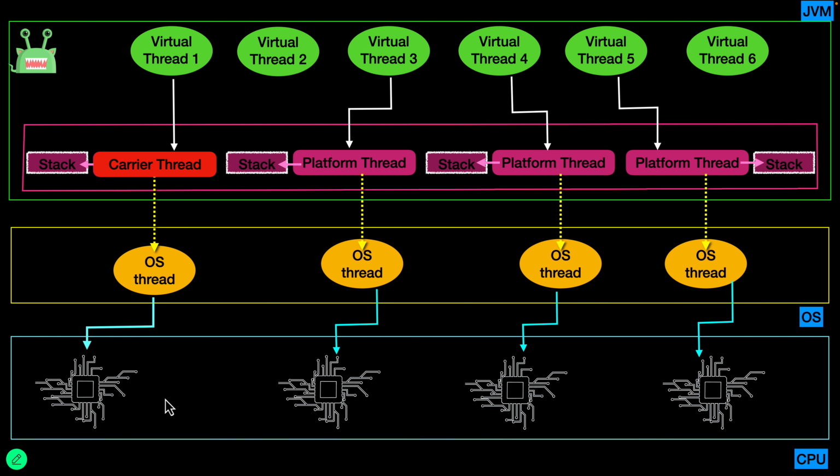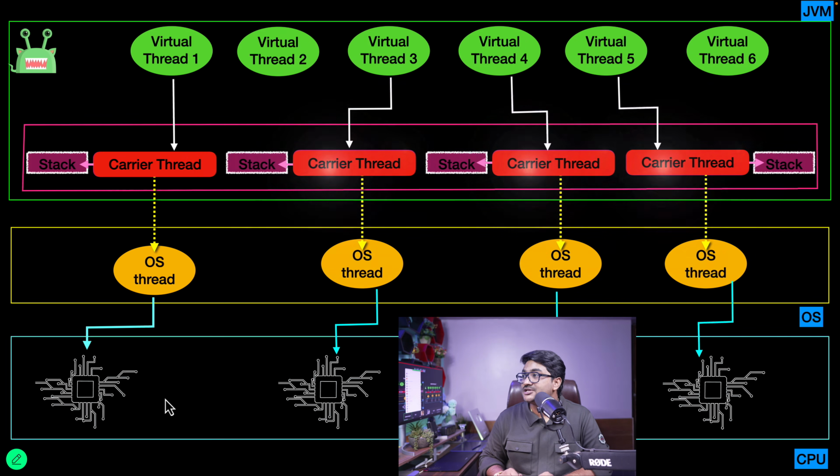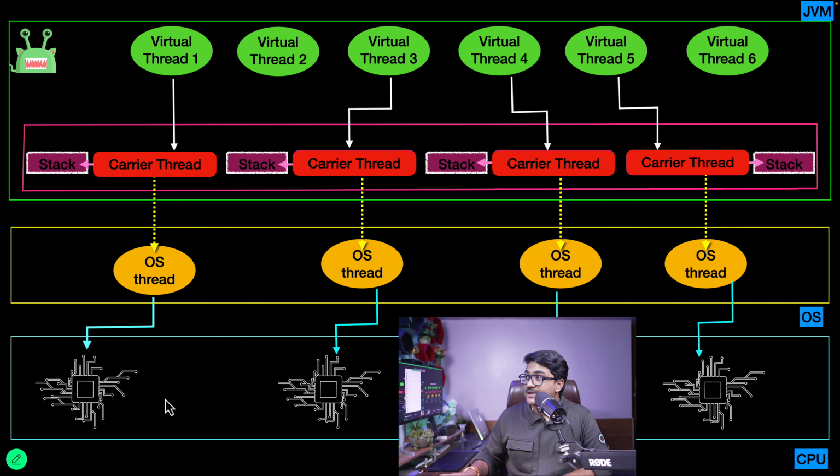Okay. Now, once the virtual thread is attached to the platform thread, we call this a carrier thread. And you can already see that all these carrier threads have a stack involved. That means when all these virtual threads run, they will store the data inside the carrier thread's stack memory.